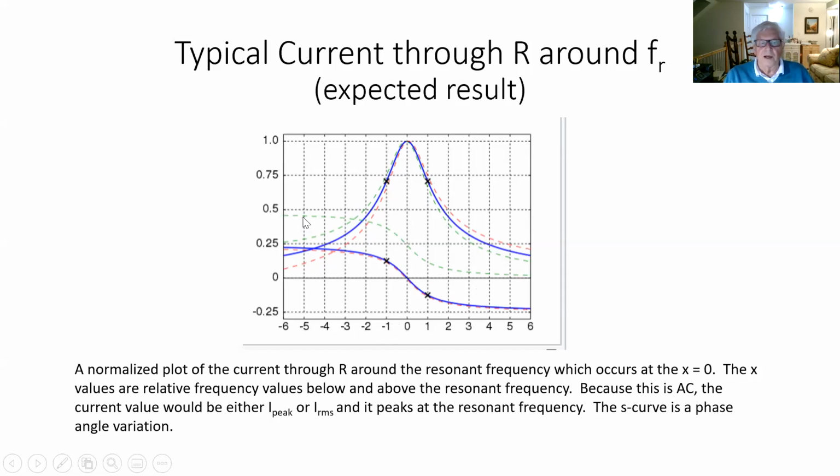Another important parameter is the impedance angle, the phase angle between the inductance and the resistance, which is the dashed green curve there.